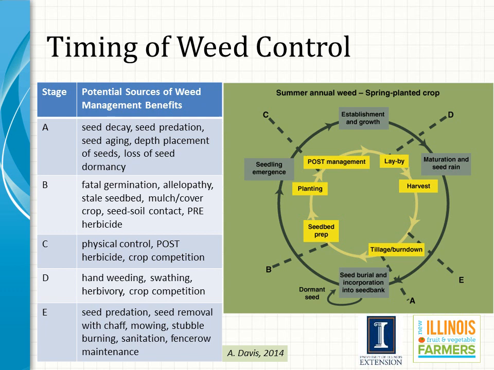that weed. Those letters then refer to this table, and at each point you can see different potential sources of weed management benefits that may occur. These can be things such as seed decay, seed predation by either insects or rodents, seed aging and loss of germination, and then various other things such as contact with a herbicide, fatal germination, which could come from things such as germination prior to tillage or germination prior to a herbicide application.